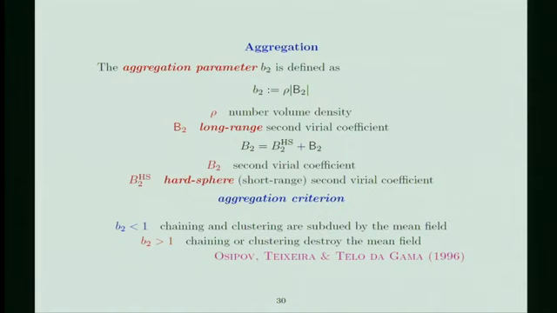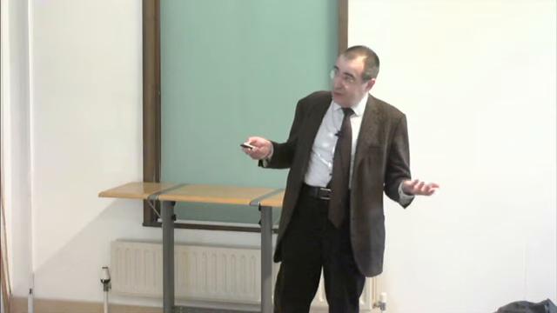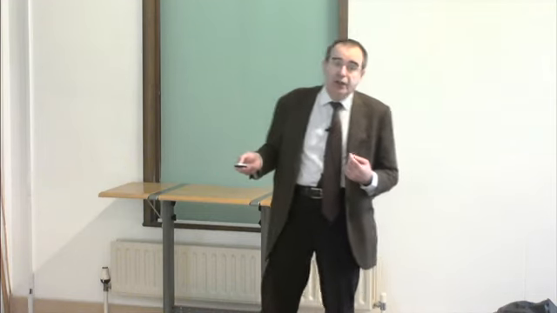All right, and then you use this criterion, which was put forward by Misha, Paolo, and Margherita. They essentially proposed, long ago, that chaining and clustering in a system, like a dipolar system, should not be able to hamper the mean field cooperative behavior if this number is less than 1.